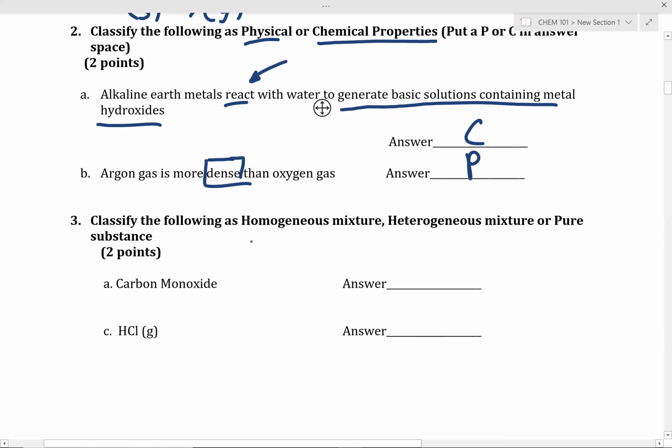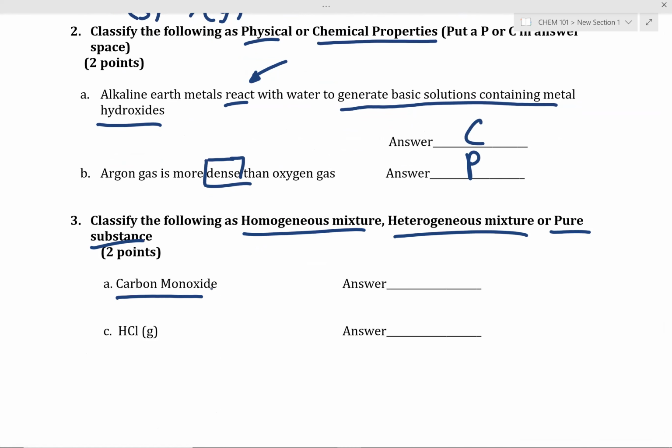Let's classify the following as a homogeneous mixture, heterogeneous mixture, or a pure substance. So carbon monoxide. Carbon monoxide is a compound, right? Elements and compounds are considered what? Pure substances. So this is a pure substance.